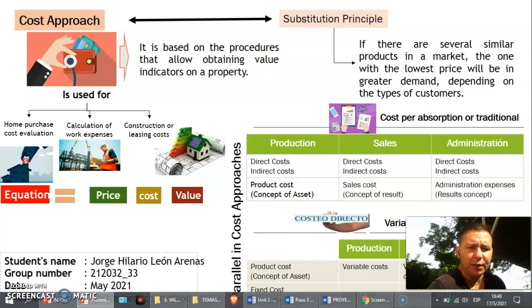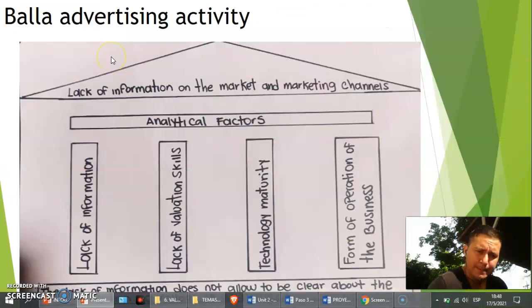On parallel in cost approaches: production, sales, administration, and production cost direct, cost indirect, and production. Immediate and activity lacks of information on the marketing channels.